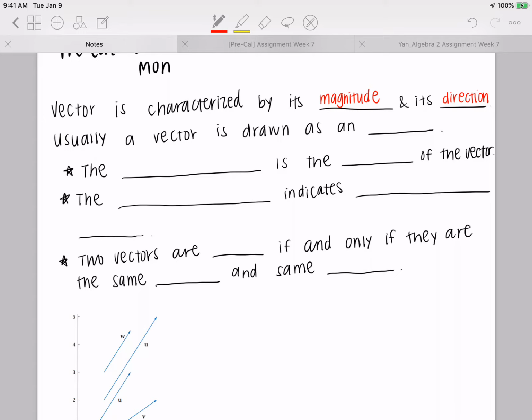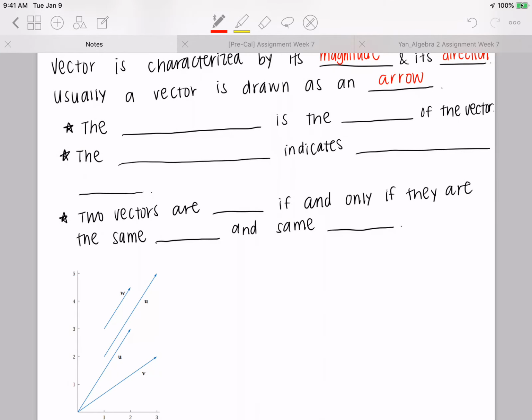Usually a vector is drawn as an arrow, which is what you see at the bottom. All of these right here are vectors. Then I'll explain how you draw them.